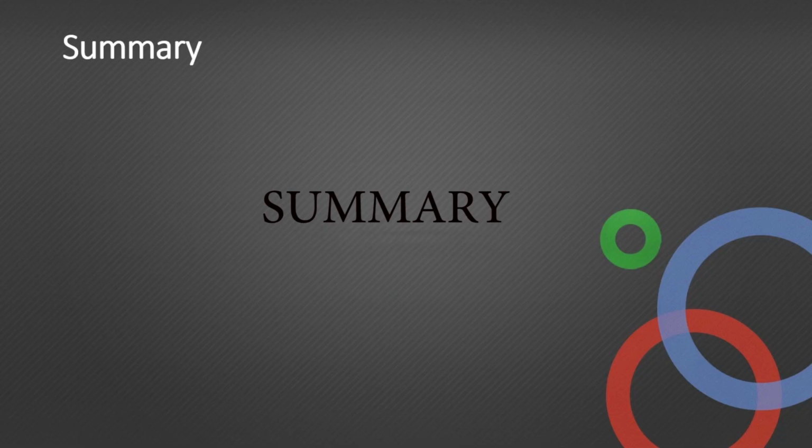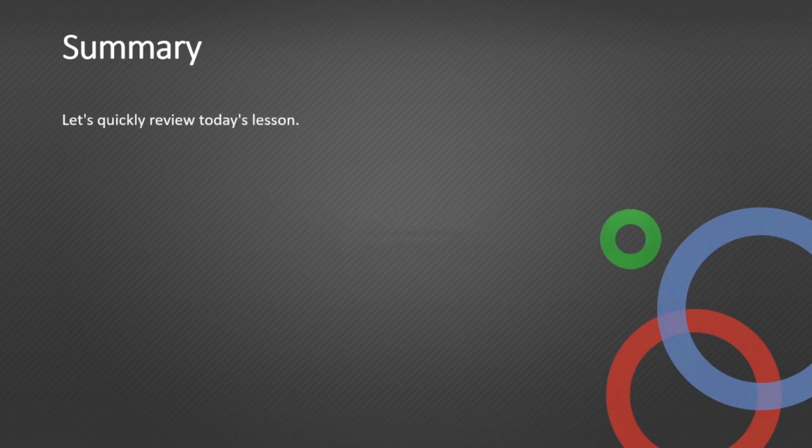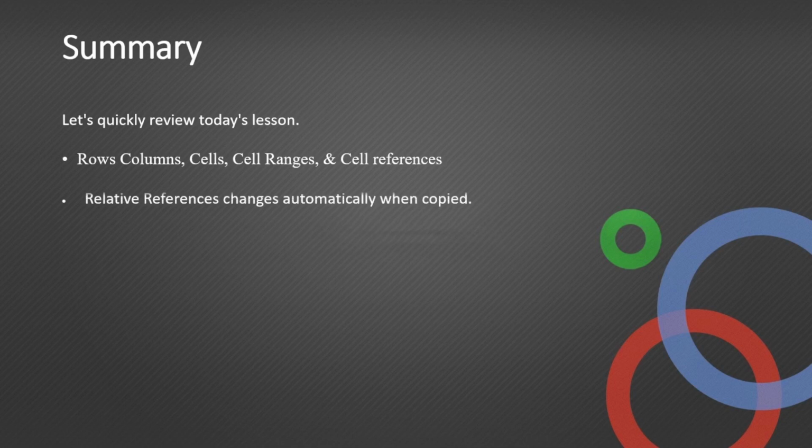Let's quickly review today's lesson. We have learned rows, columns, cells, cell ranges, and cell references. Relative references change automatically when copied. Absolute references stay fixed using the $ sign.